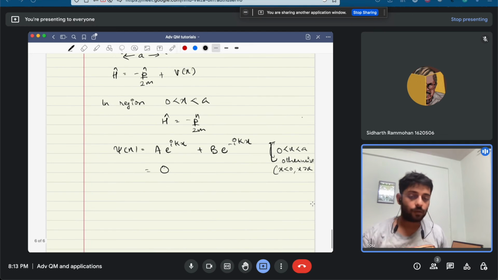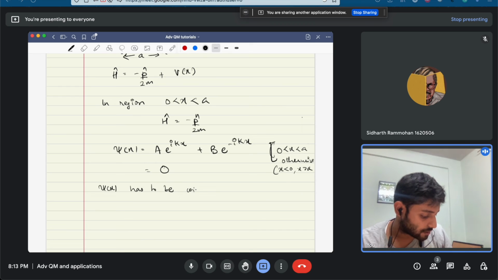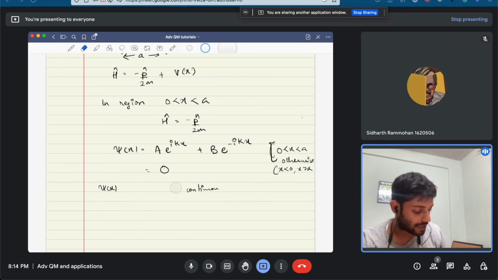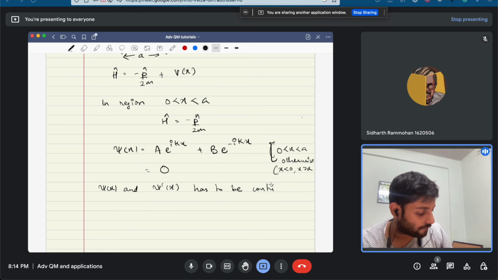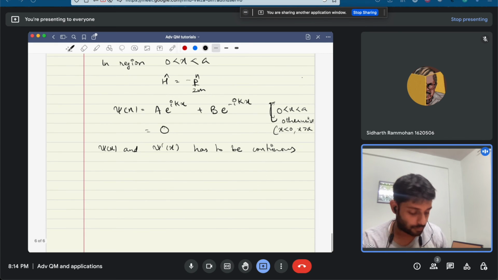Now, since a wave function has to be continuous, this is one of the fundamentals of quantum mechanics, psi x has to be continuous. Not just psi x, but the first order derivative of psi x also has to be continuous at every point. So what we are going to do here is match at the boundary conditions.